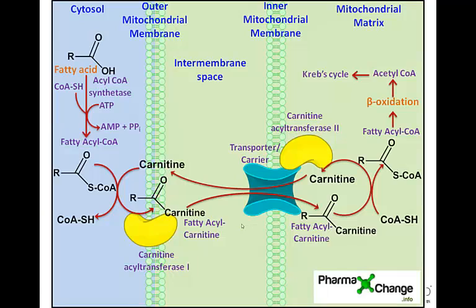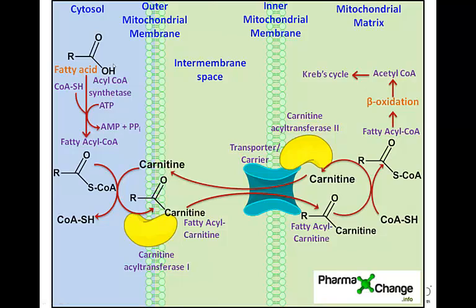Beta oxidation begins at the cytosol. The first step is the activation of the fatty acid. Our fatty acid is converted into fatty acyl-CoA. So our fatty acid is going to be converted into fatty acyl-CoA, and this reaction is going to be catalyzed by acyl-CoA synthetase.